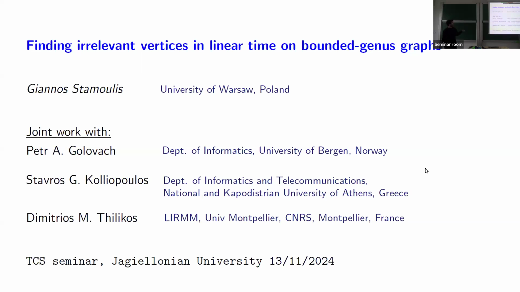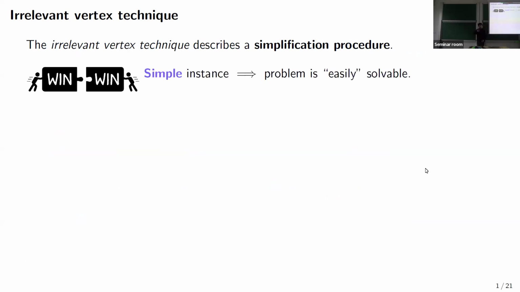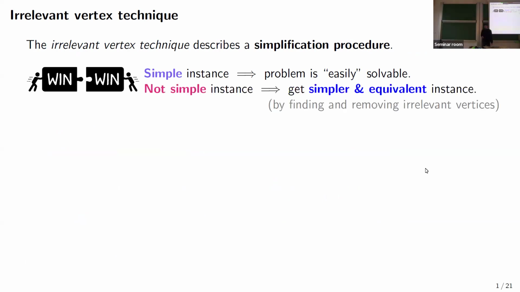To start explaining what happens here, I have to explain what the irrelevant vertex technique is. In essence, it describes a simplification procedure. It's a win-win approach. If the instance of my problem is simple enough, then typically I can solve the problem easily.